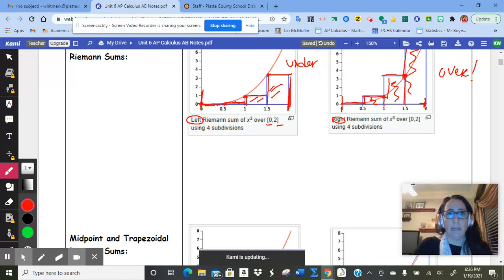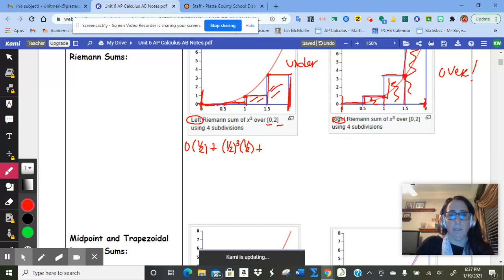So let's see. If I was to go calculate this area, see if you can go ahead. So this is a height of 0 times 1/2. This is a height of, let's see, I'm plugging it into x cubed. So that's 1/2 cubed for that height times the base, which is 1/2.